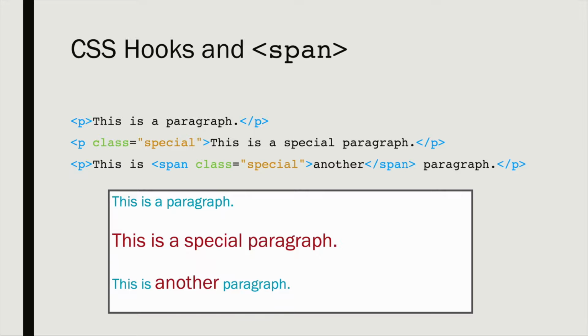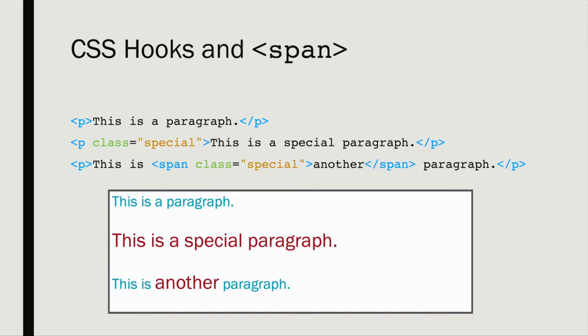When you're dealing with inline elements, you can also use what's called a span tag. For example, to use the special paragraph again, you can see that the second p tag has the class of special. And special, of course, has the specified styling to make the second p tag a little different than the rest. Additionally, you also have a span tag, which allows you to identify inline items.